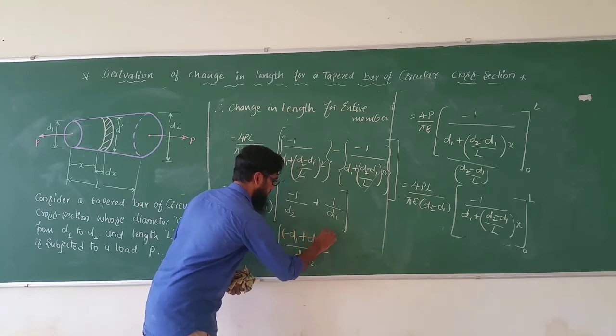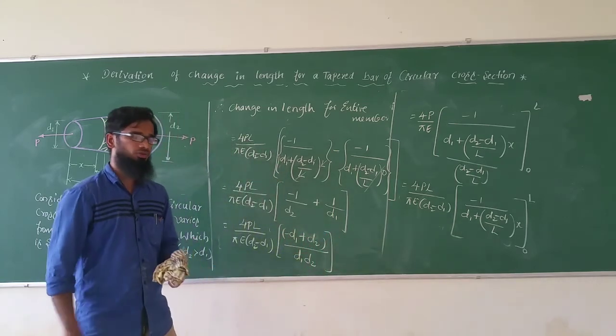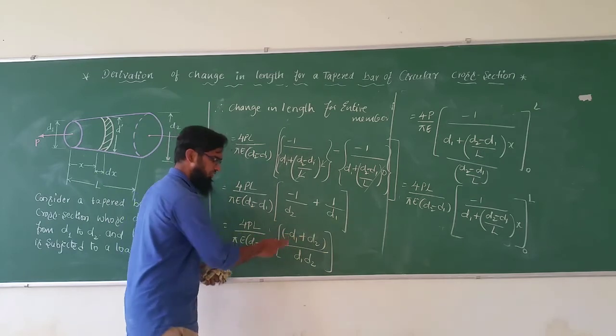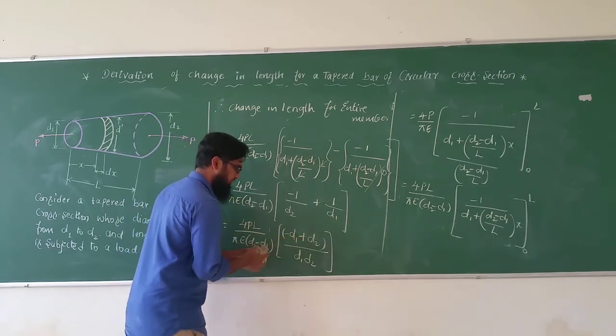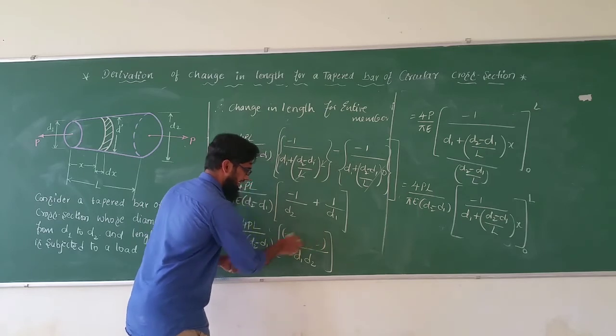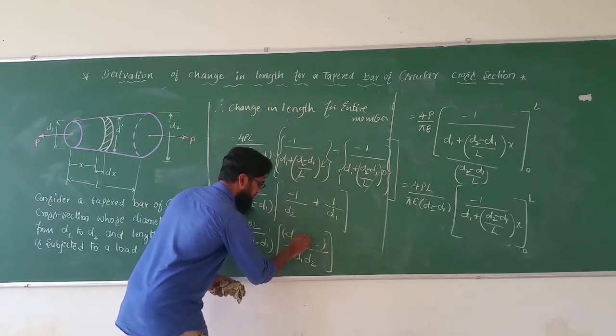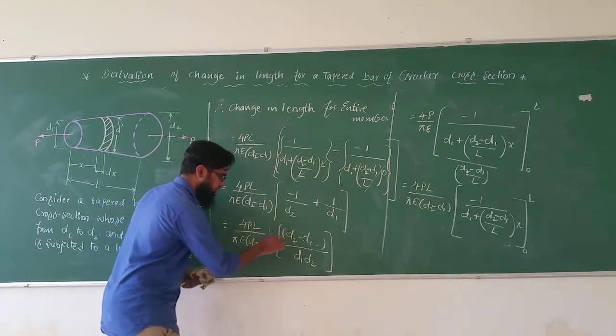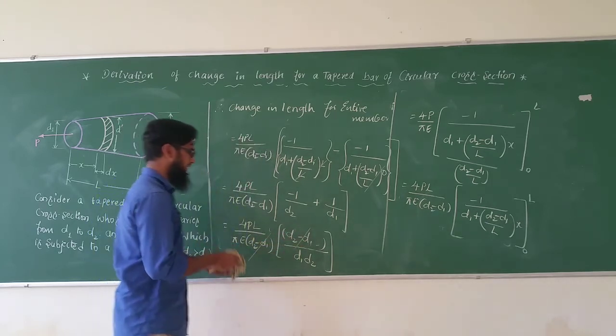So this is what I am getting here. Now I write plus d2 first and minus d1 second for understanding, so plus d2 minus d1. Why have I taken it this way? So that I can cancel these two terms. This is the final solution I am getting.